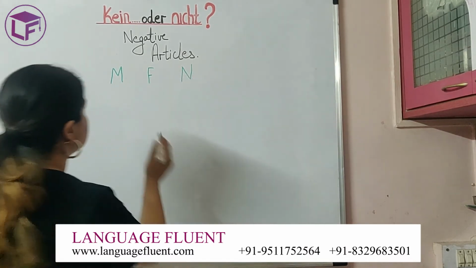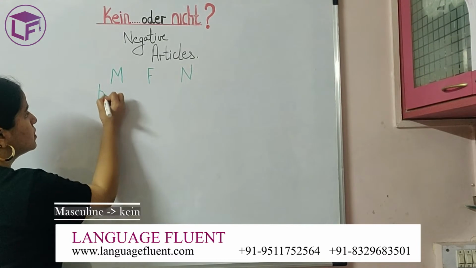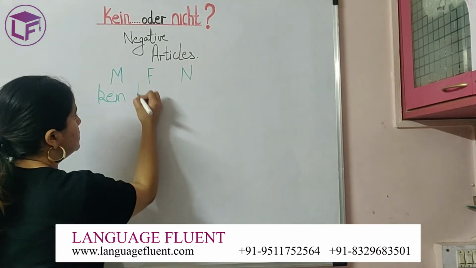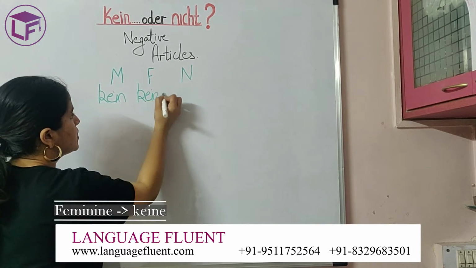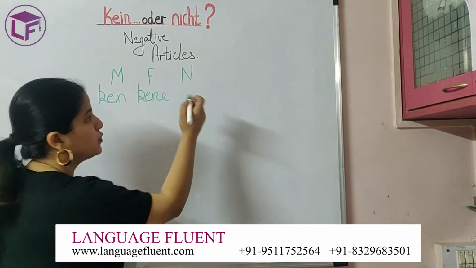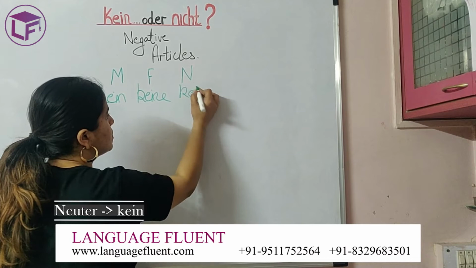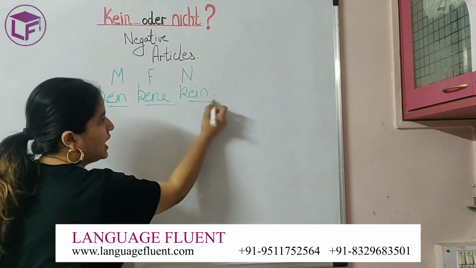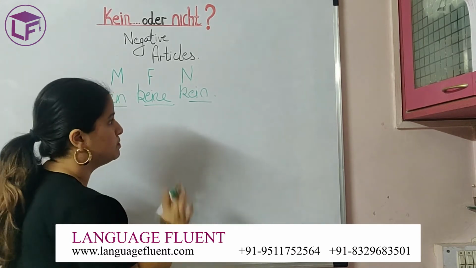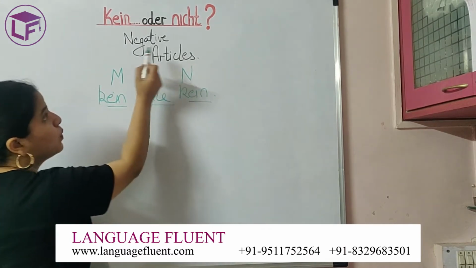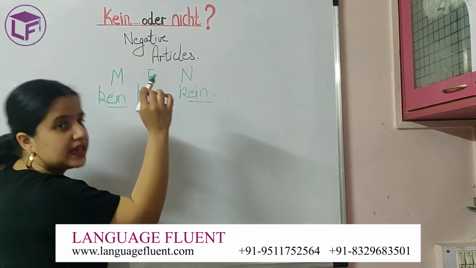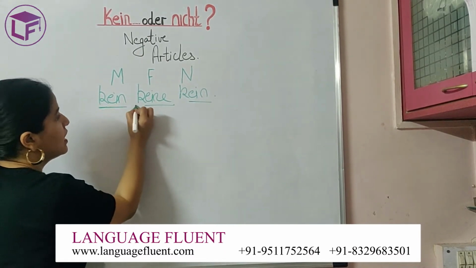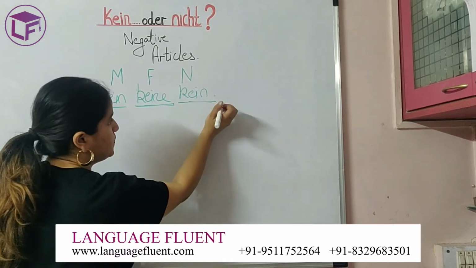So, masculine, kein, feminine, keine, and neutral, kein. So this ein, eine, ein is the same as the unbestimmt articles, only while using it in the negative form, we use ke, so it becomes kein, keine, kein.